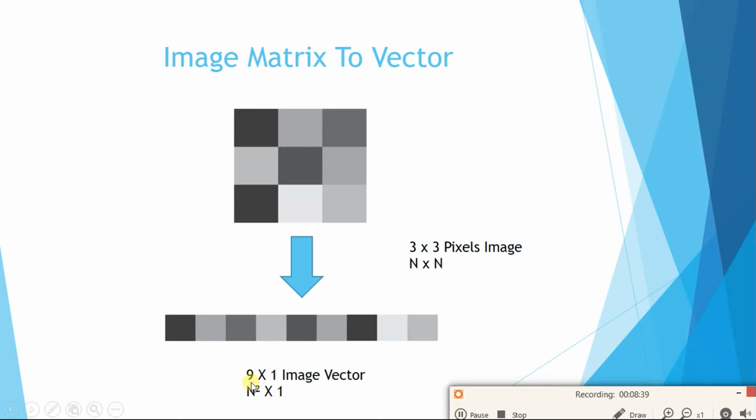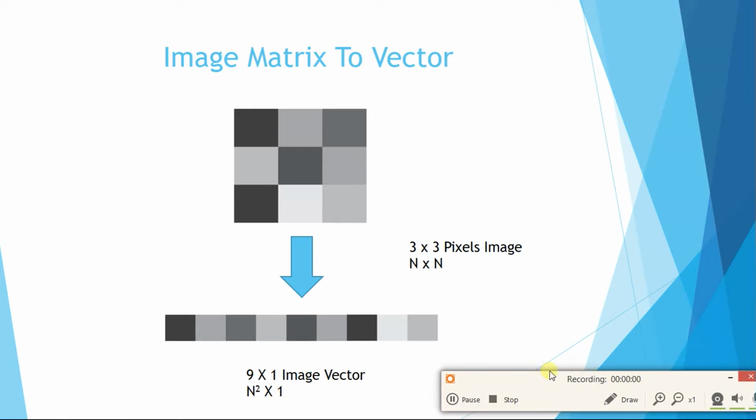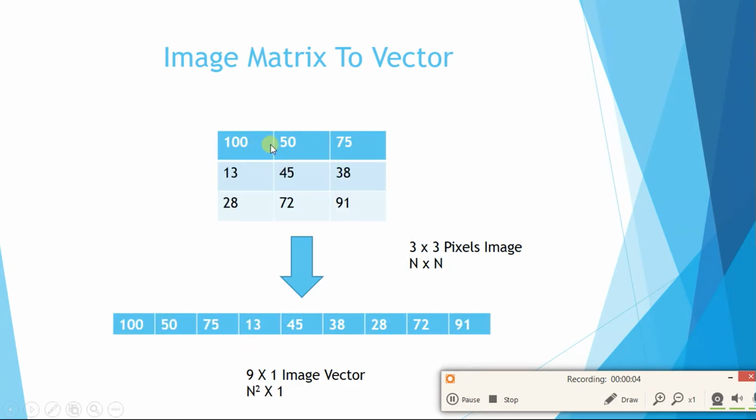So this is our image, and these are the pixel intensities at those points. This was an original 3 by 3 image, so it was originally a 3 by 3 matrix. When we arrange those pixel intensity values in an array, it becomes an array of dimension n square cross 1, and n square is its original dimension.